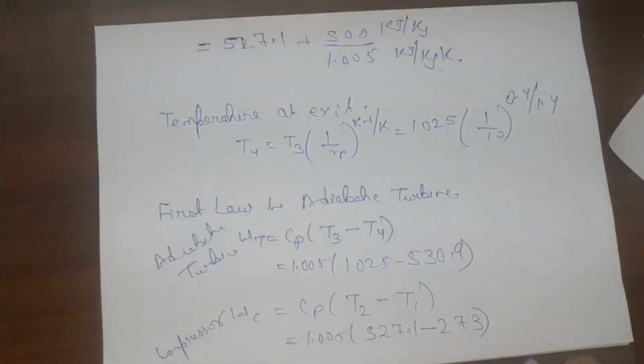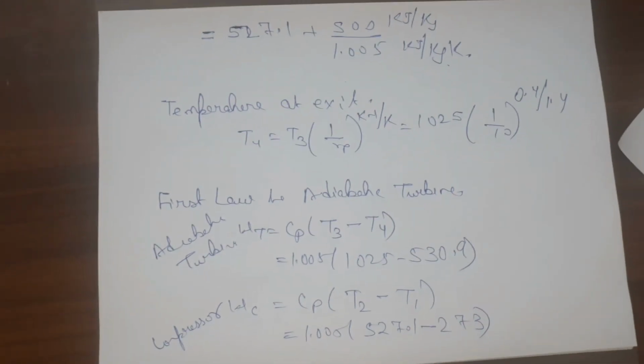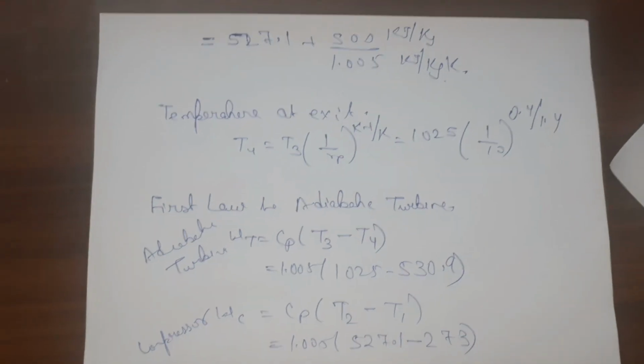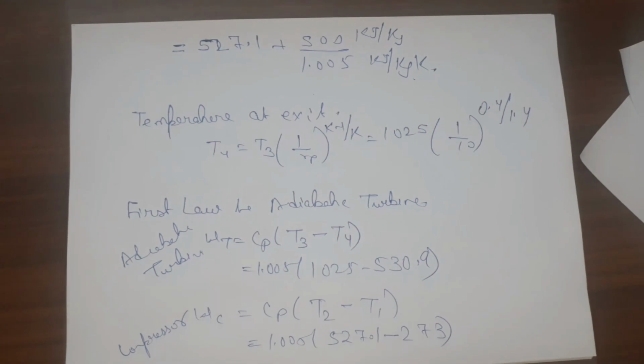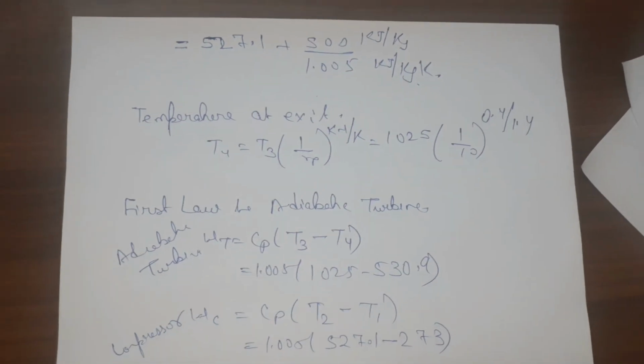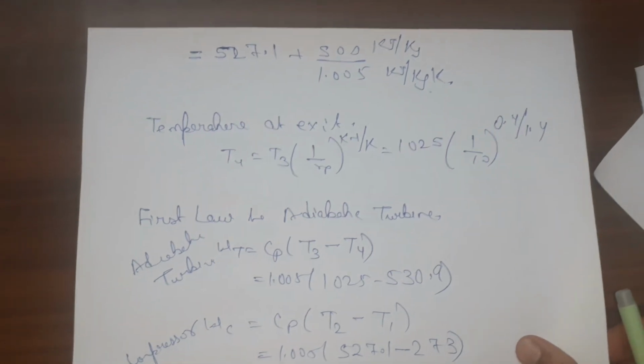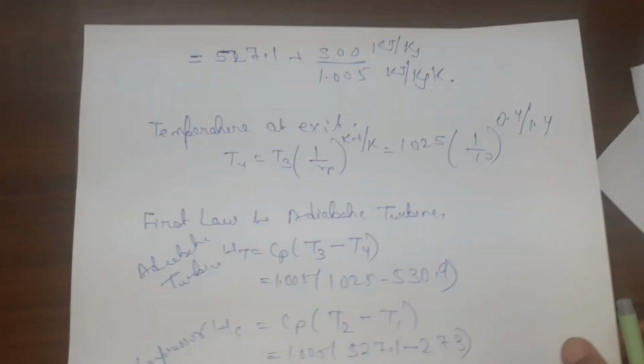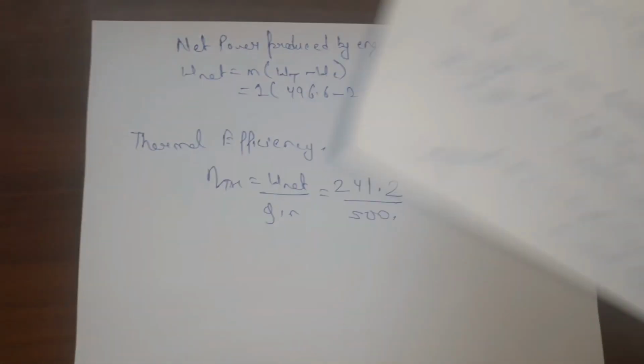We will put the values and easily get the compressor work done. This was the approach we followed for the work done for the adiabatic turbine and the compressor, for the processes 3 to 4 and 2 to 1.